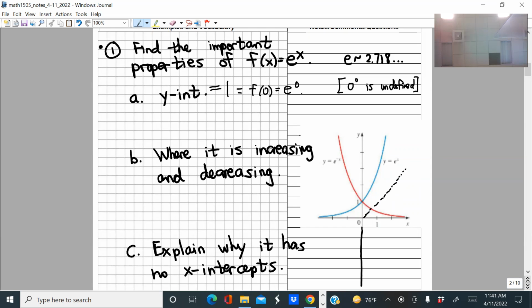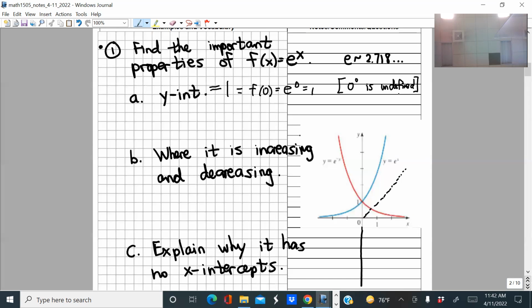So actually, for any exponential function, whether it's the natural exponential function, or the base 2, the binary exponential function, or the base 10, the common exponential function, they all have the same y-intercept. It's 1, because any base raised to the 0th power is going to be 1, with one exception: 0. If you raise 0 to the 0th power, that is undefined. You cannot raise 0 to the 0th power.